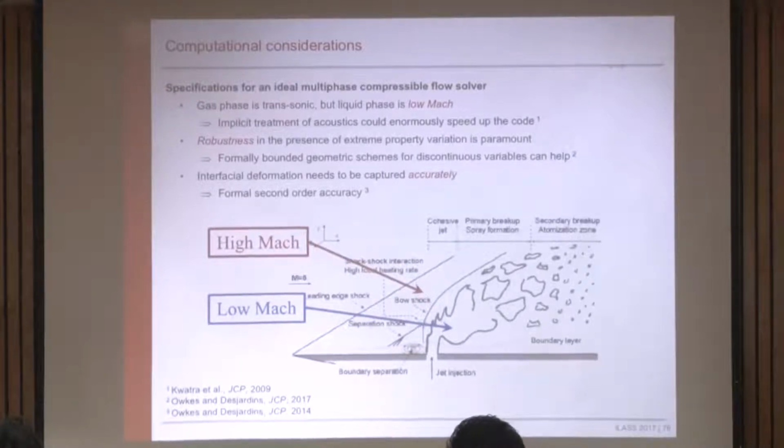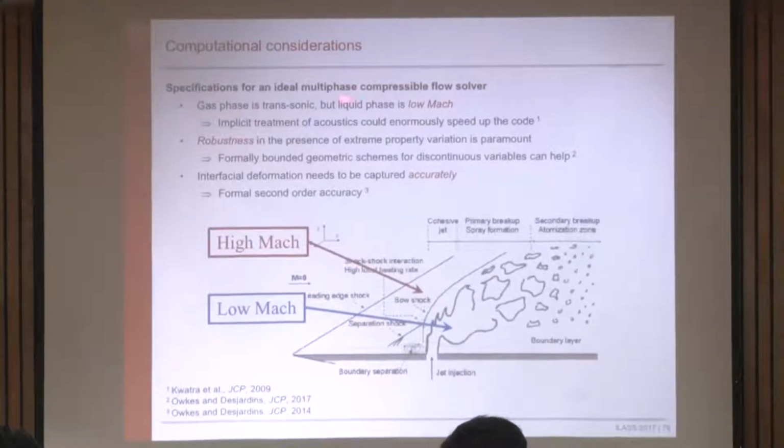Our observation, or at least our understanding of the problem, led us to do the following things. First, we observed that yes, the gas phase is going to be supersonic at the entrance of the domain. When you inject your liquid, it's a low-speed liquid, you're going to form a shock. The gas phase will become subsonic, and then it will re-accelerate to supersonic conditions.